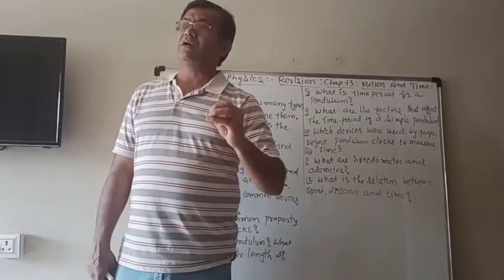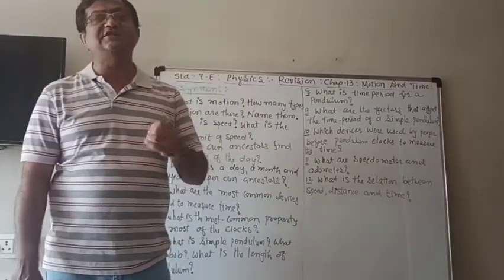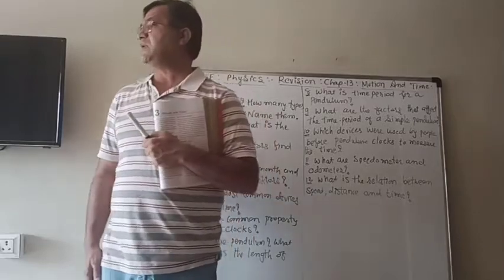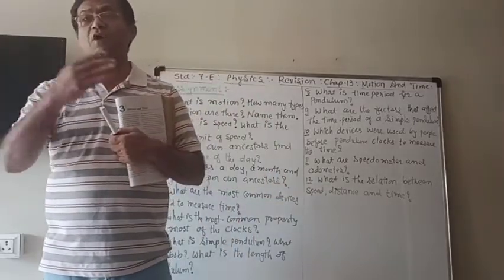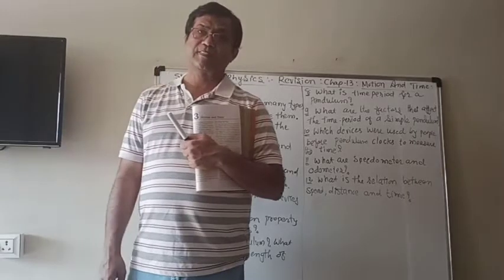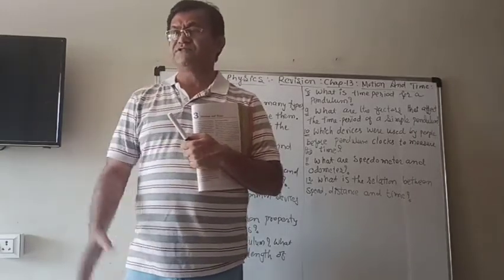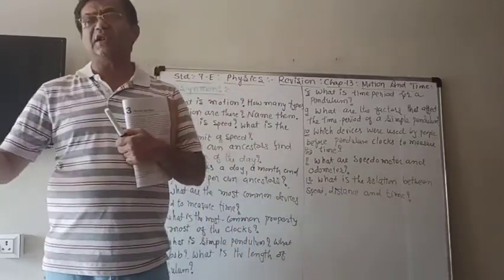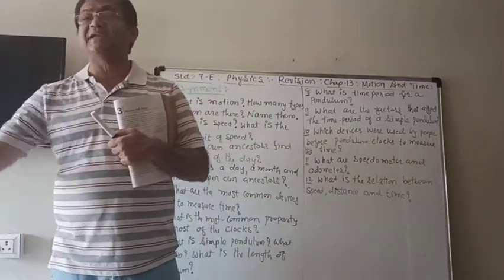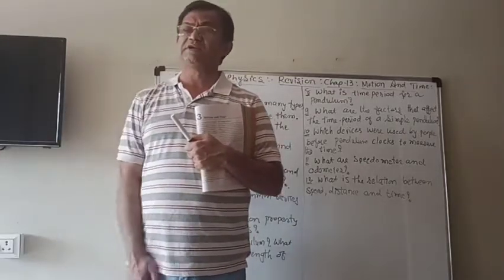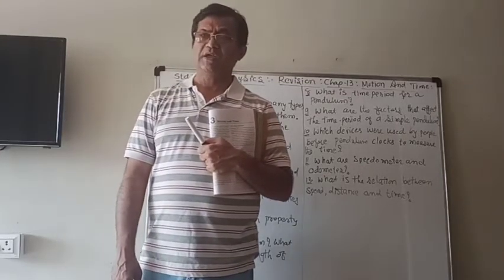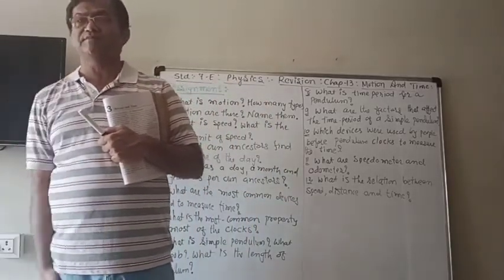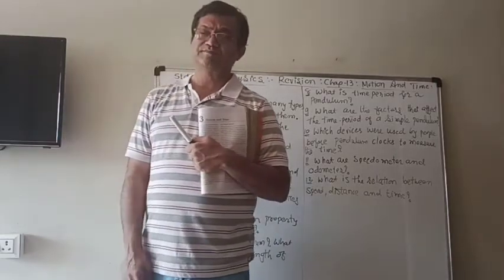Now when the objects are moving, from their way of motion we can decide whether it is slow or fast. Because if we give some distance to cover, then the vehicle or the object which takes less time to cover that distance is said to be faster, and if it takes more time, then it is slower.